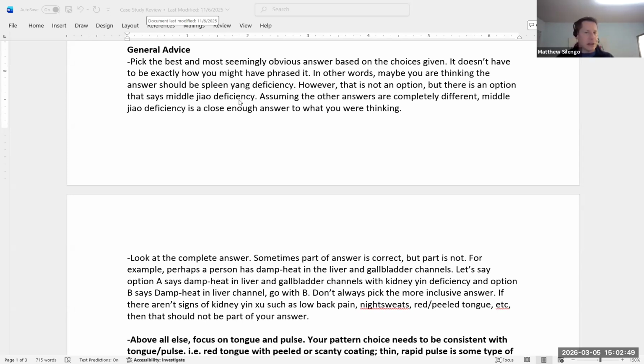So maybe that answer is a little more broad than what you were thinking. You were being a little more specific and saying spleen yang deficiency, and this answer is a little more broad brushstroke. But if there's no other answer that is better, then yeah, spleen yang deficiency is under the umbrella of middle jiao deficiency. So those two things are not mutually exclusive. So I would go with that.